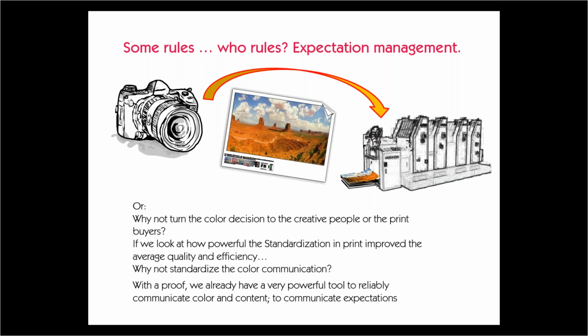With the proof, we already have right now the most reliable and accurate tool to visualize color and content. So the expectations can be easily communicated with the proof. I think we all agree, color communication with the proof works.